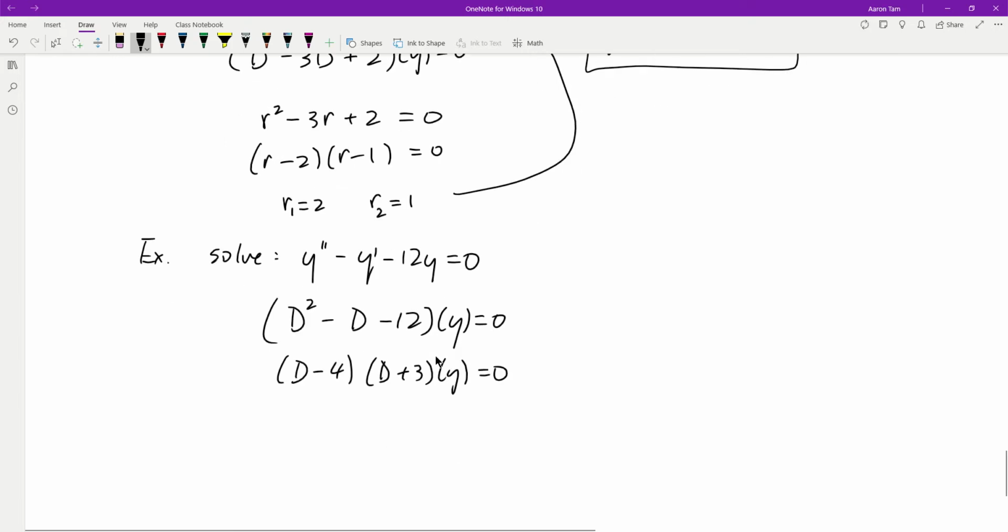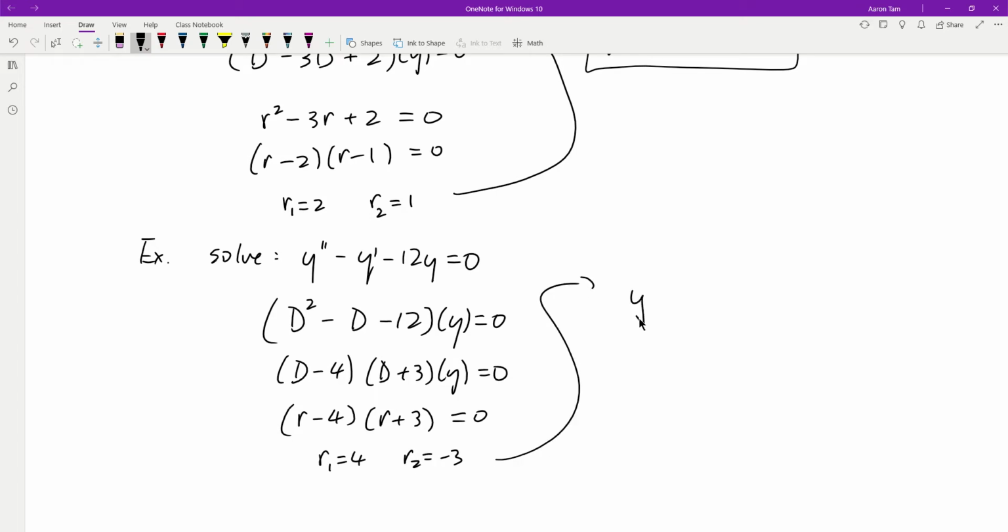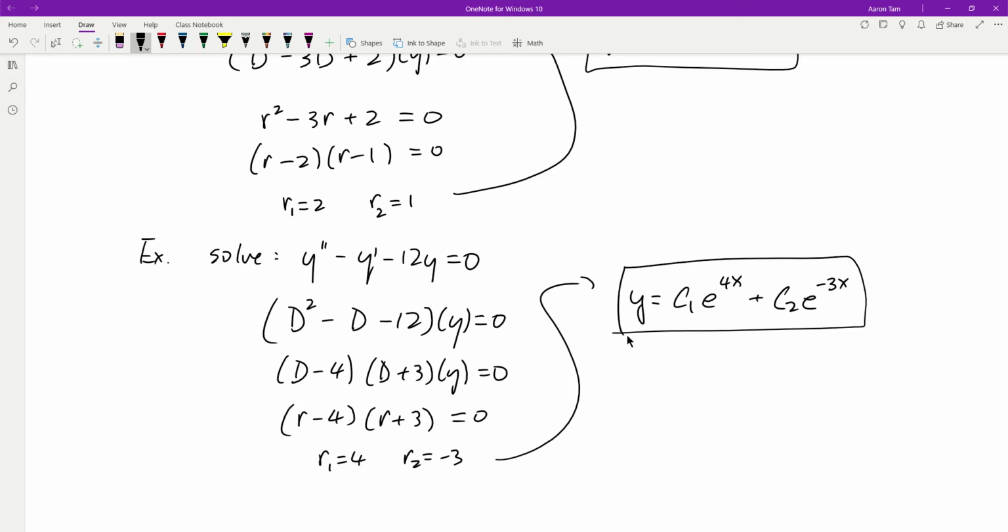And therefore, basically, just turn this into r minus 4 times r plus 3 equal to 0. And therefore, r1 would be 4 and r2 would be negative 3. And so now I'm going to write out my solution. y equal to c1 e to the 4x plus c2 e to the negative 3x.